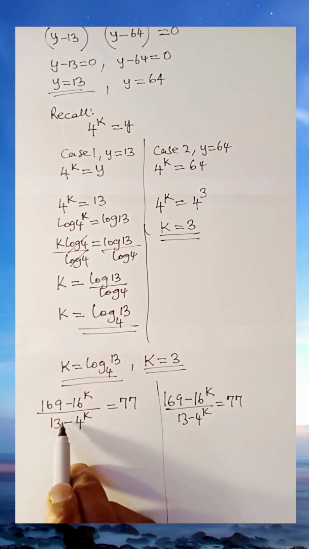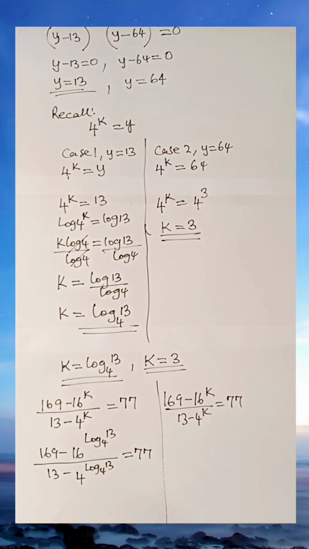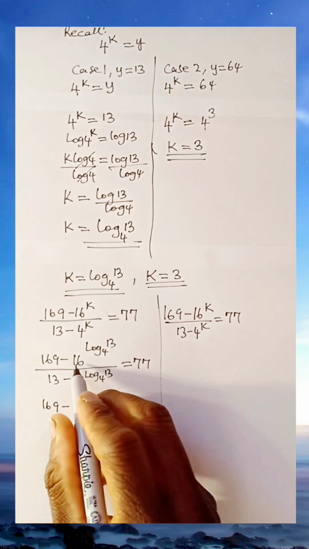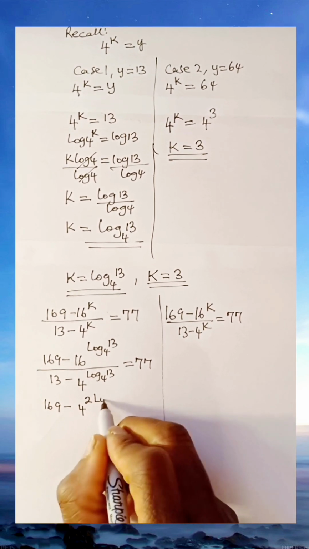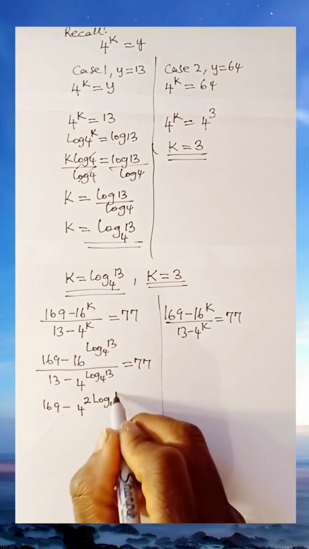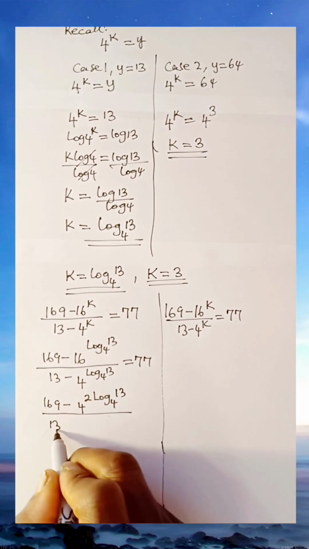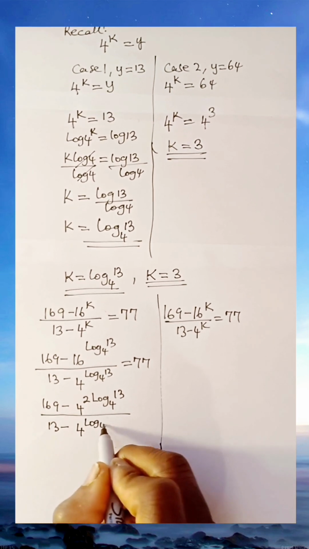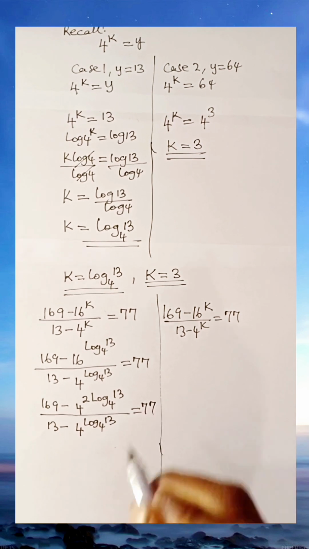Alright, in the first case, we will replace k with log base 4 of 13. So we have 169 minus 4 raised to the power of 2 times log base 4 of 13, divided by 13 minus 4 raised to the power of log base 4 of 13, and this should give us 77.